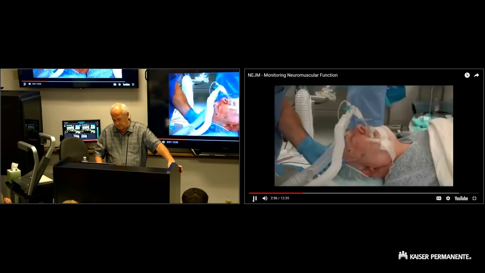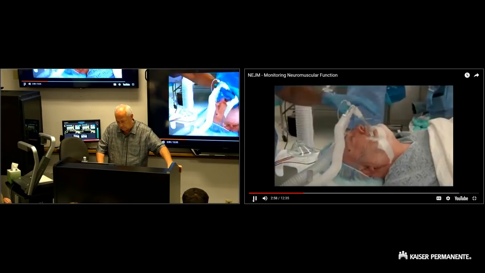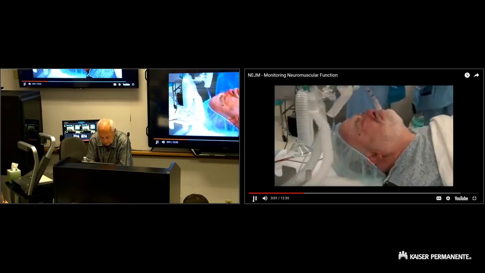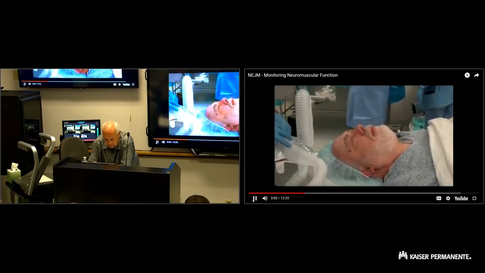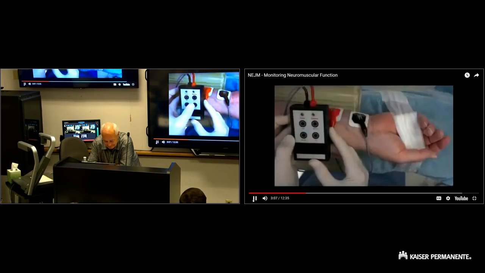Confirming the return of adequate neuromuscular function is also important prior to endotracheal extubation to ensure that the patient has adequate muscle strength and avoid hypoxemia. Thus, monitoring neuromuscular function before, during, and after the administration of neuromuscular blocking agents is vital to patient safety.